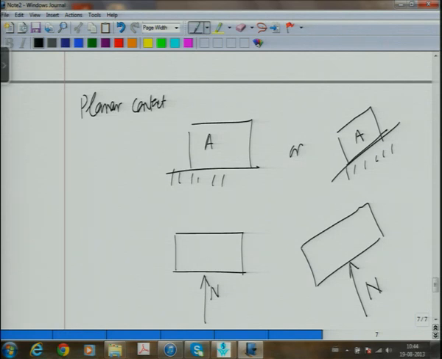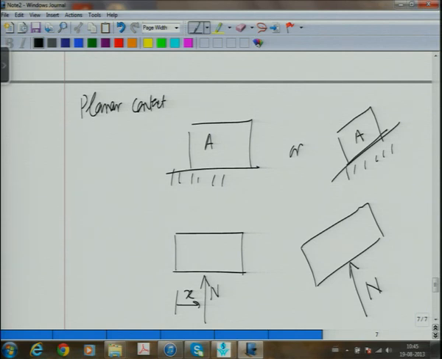Do we do that or not? Think about it. In general this normal reaction is whatever the contact forces are here, if you integrate their normal component, and in a typical problem this will not necessarily act at the center. It will depend on the type of loading your body has, and in general the normal reaction should be shown as acting at some unknown distance x, not at the center of the body.